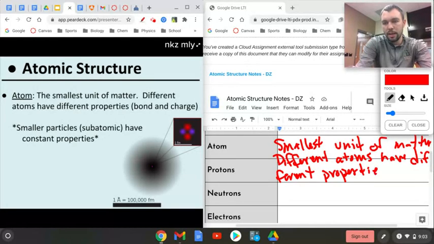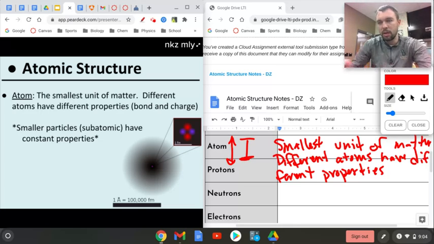Now, my boxes here don't expand when I write, so yours should expand when you write. Mine might go into the protons, but I'll clear that off, and I'll do that next.